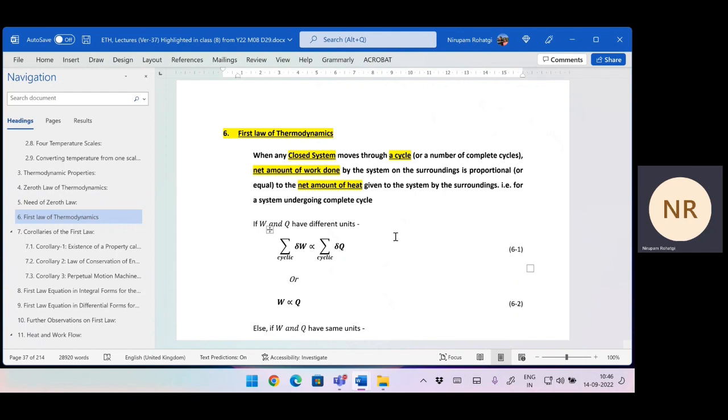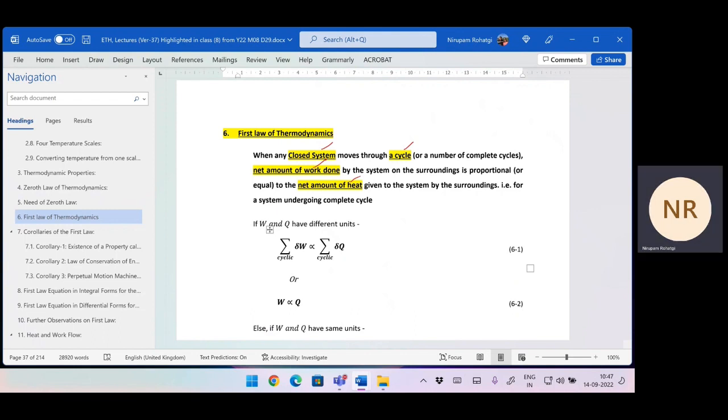Okay. So first thing is, the law says when a closed system moves through a cycle, net amount of the work done and net amount of heat given to the system by the surroundings, they are proportional to each other.